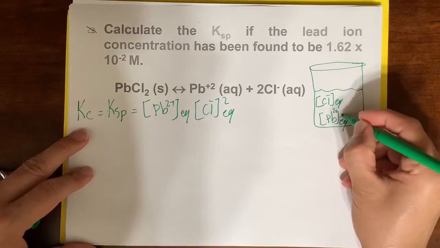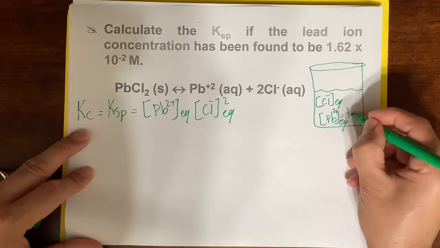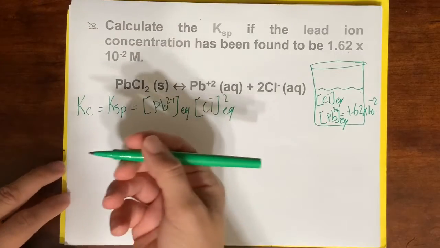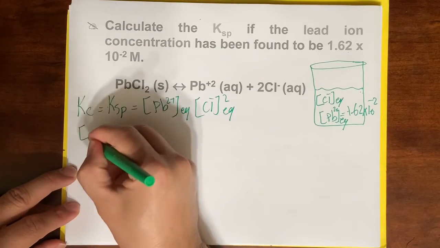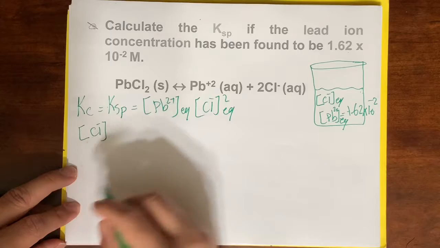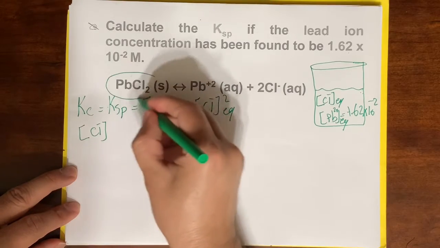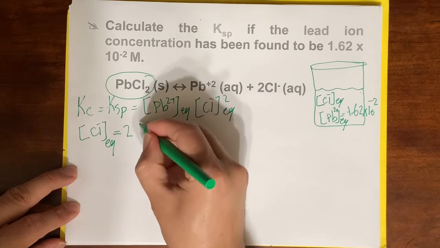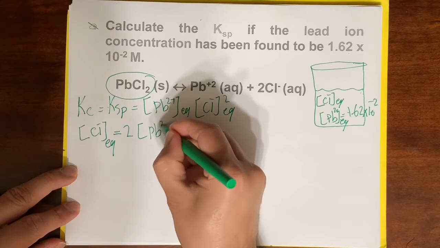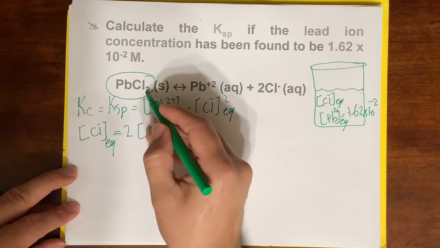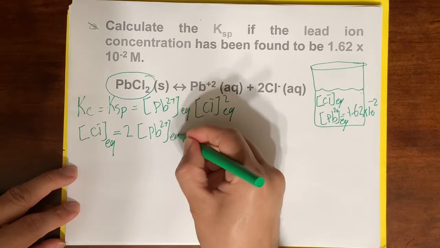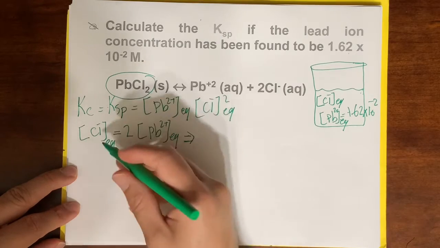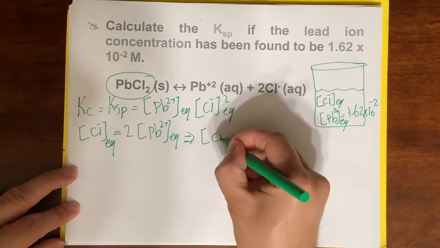So we have these 2 ions inside the solution, and they are saying lead is equal to 1.62 multiplied by 10 to the power of minus 2. Under equilibrium, the concentration of chloride, based on this formula, is 2 times the concentration of lead, because the formula has 2 chloride per 1 lead. So if you know the concentration of lead, you multiply it by 2 and you get the chloride.